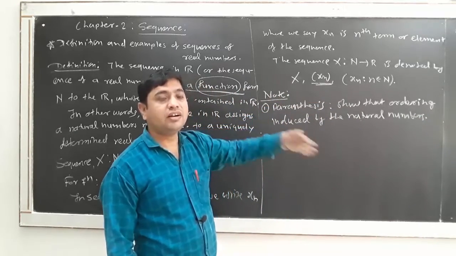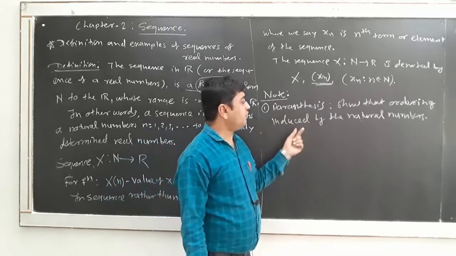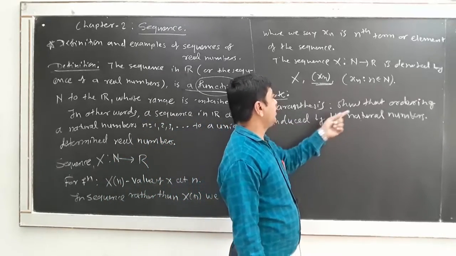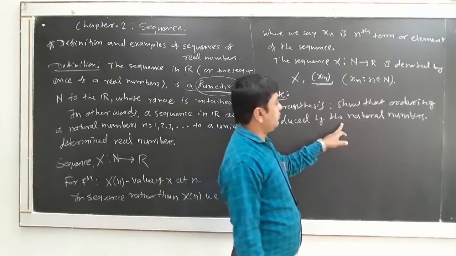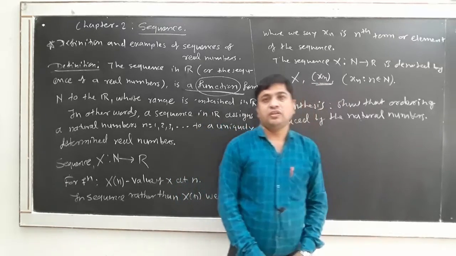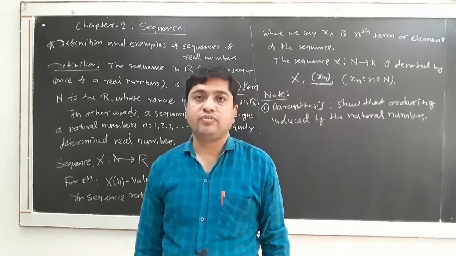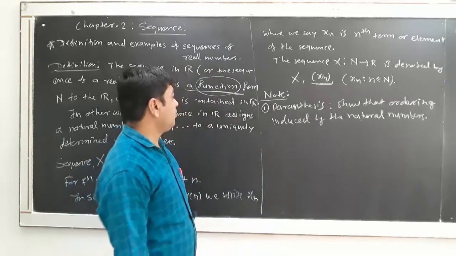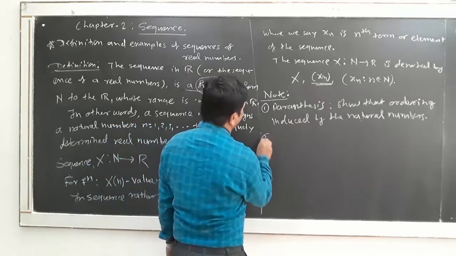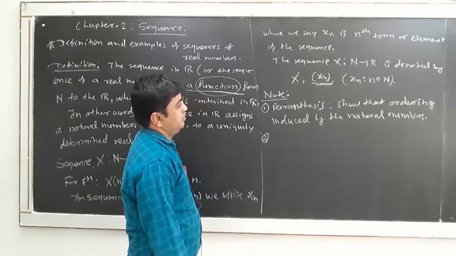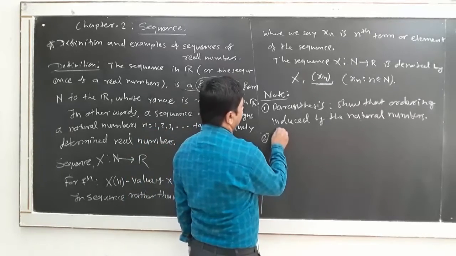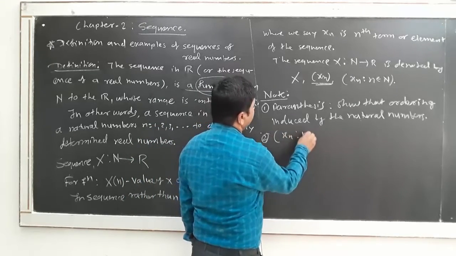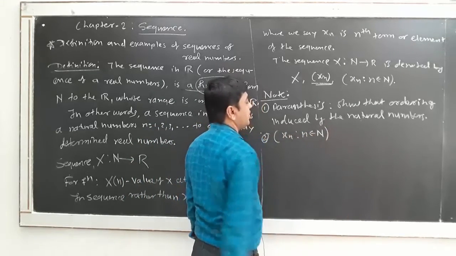That is, here is a sequence, and all the terms in the sequence are ordered terms, we can write. Then what we can say, in second note we can write, that means what? This xn, n belongs to the natural number.